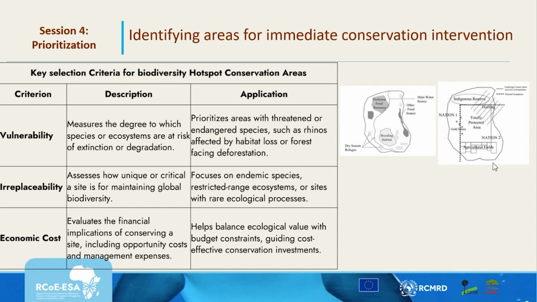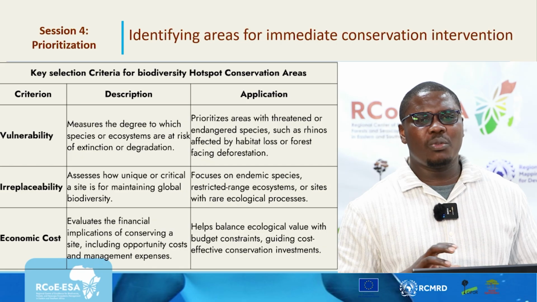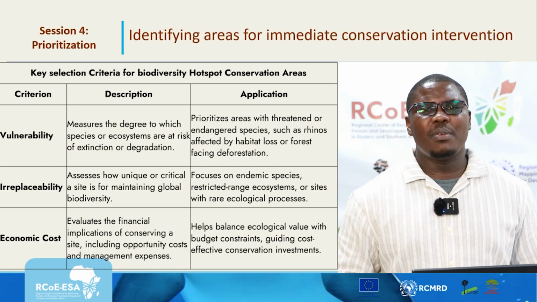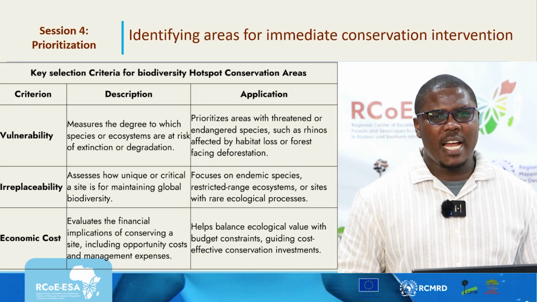If you compare two species, one that's plentiful in number, and another in an area where the species are very low in number, you could check which one has more pressure of becoming extinct in the next few years to come.